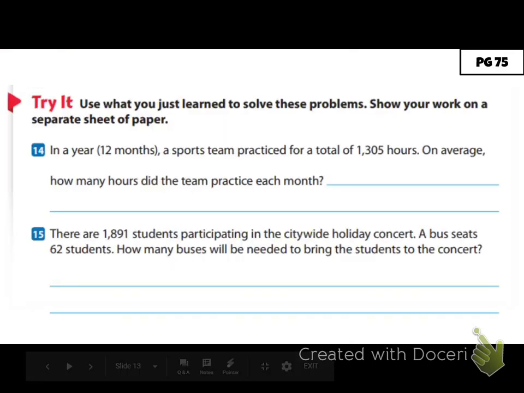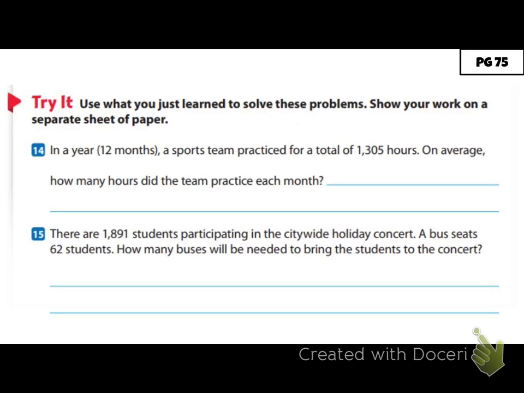So now it's time for the try it. Use what we just learned up above to show our work. Number 14 says, in a year, which is 12 months, a sports team practiced for a total of 1,305 hours. On average, how many hours did the team practice each month?